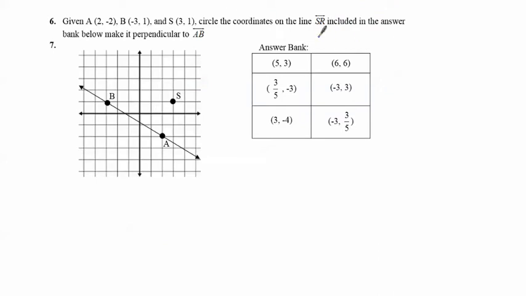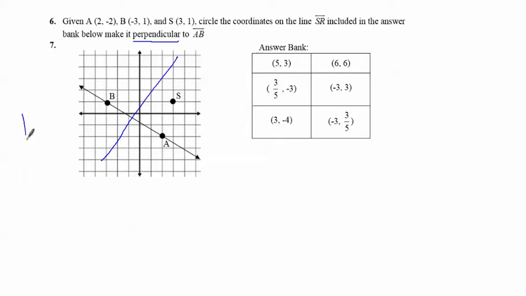Let's see what we can know about line SR. Line SR would be perpendicular to line AB. So line AB is given. So I know that line SR is going to look something like that because it's going to be perpendicular.